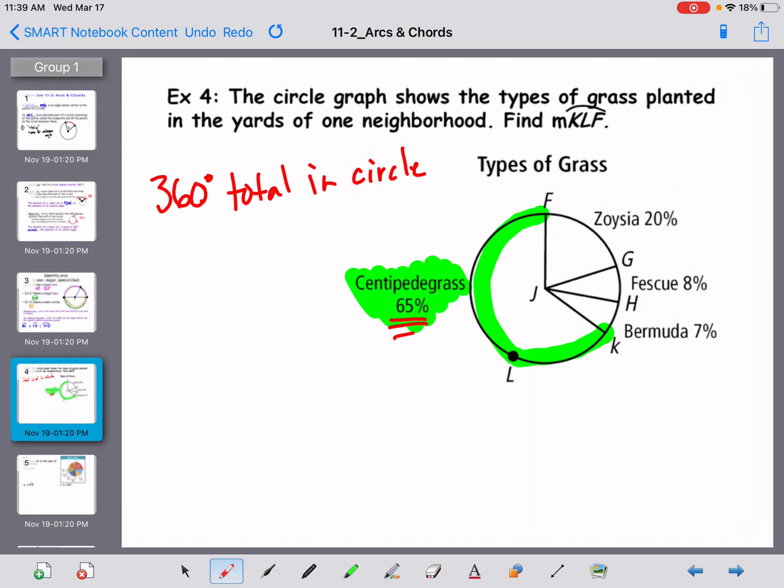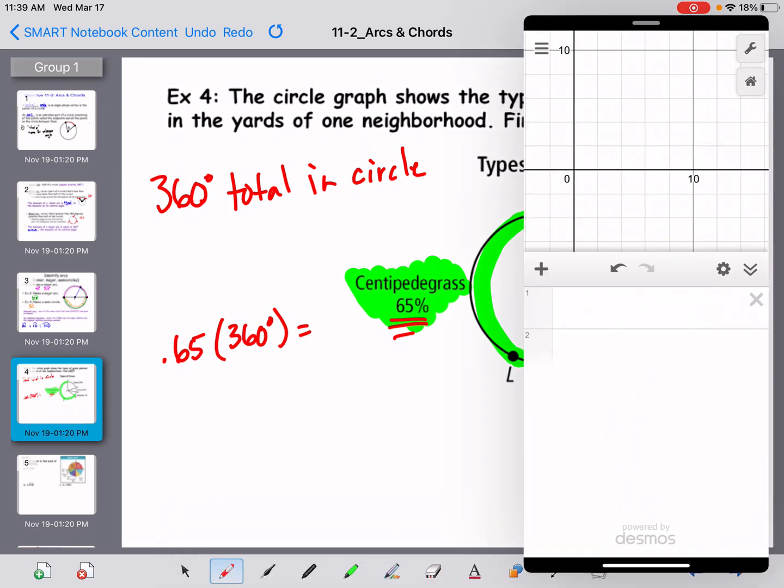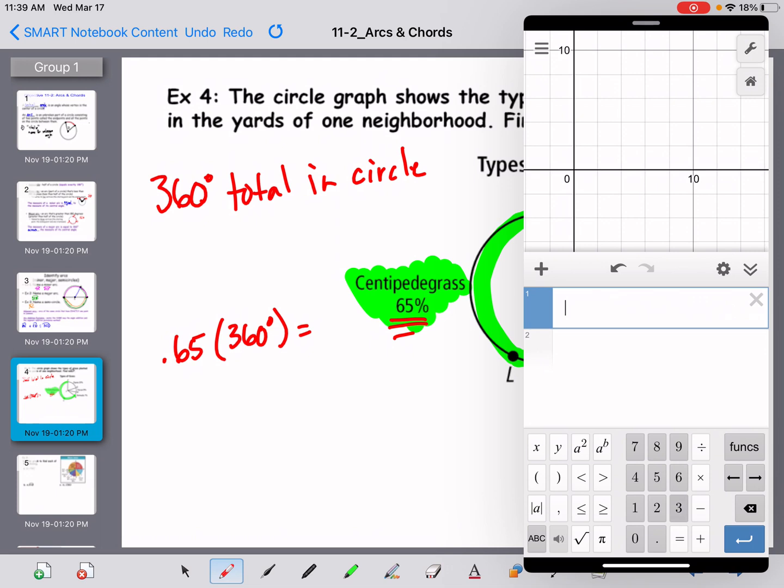So we're just going to multiply that. The percents are a little weird, and you might see a couple of these problems from time to time. And on the Desmos calculator, do we have a percent sign? And I did this without even explaining it.